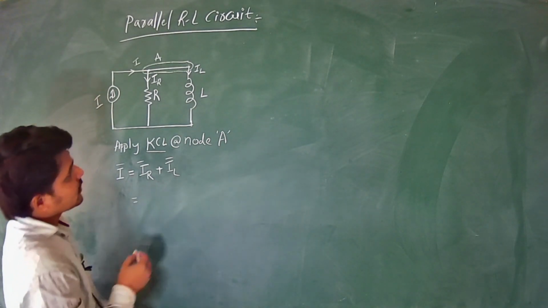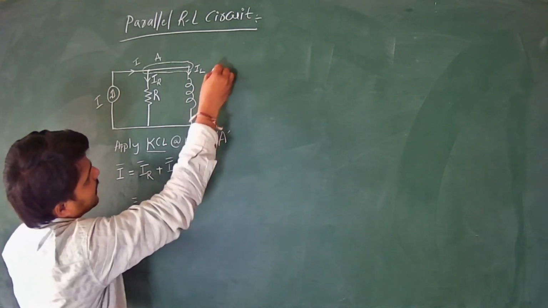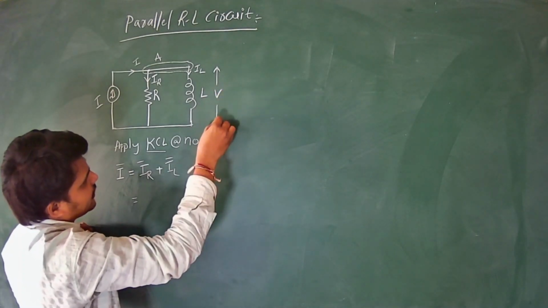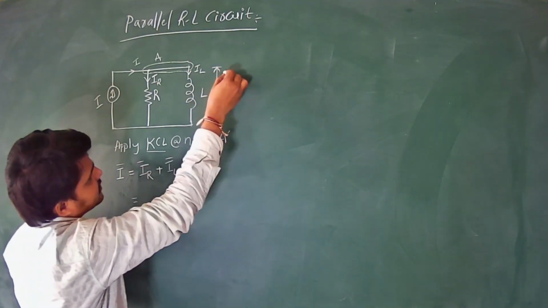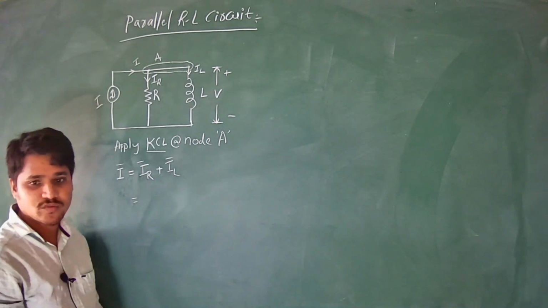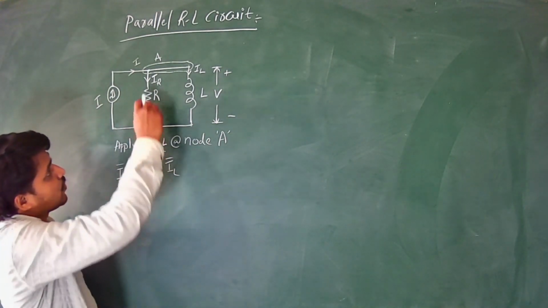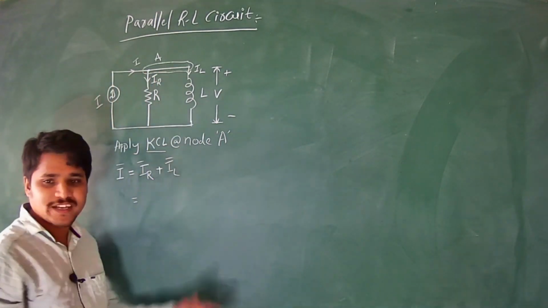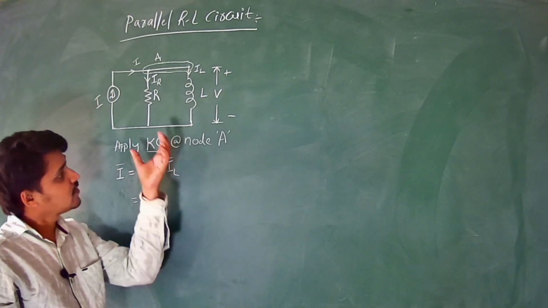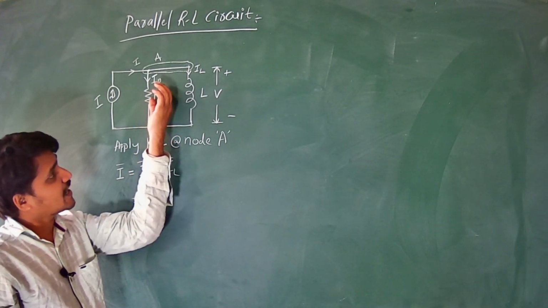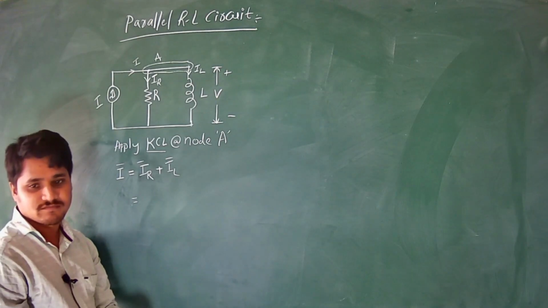Now the voltage across this parallel circuit is, let us say, V volts, because in parallel the voltage is constant. So what is the current flowing in the resistor R?